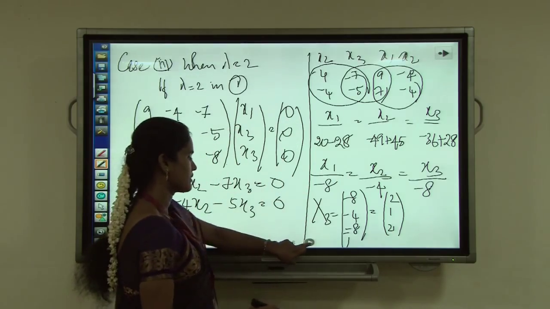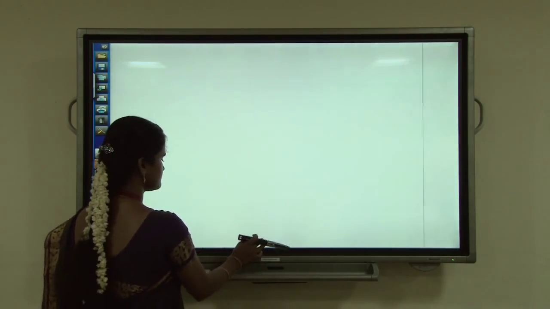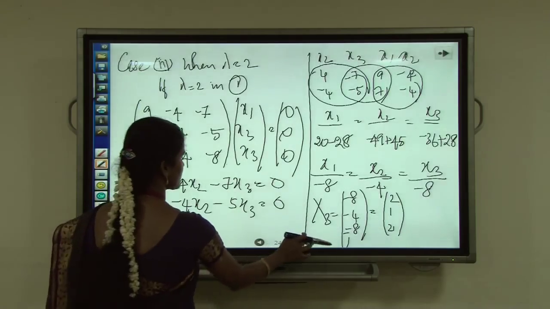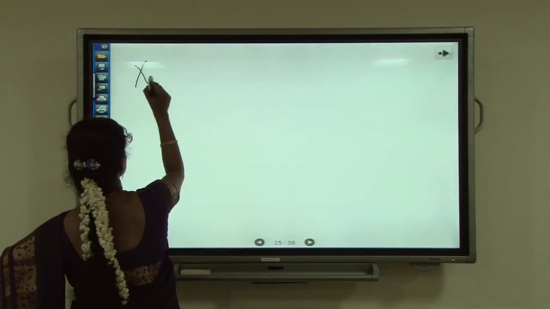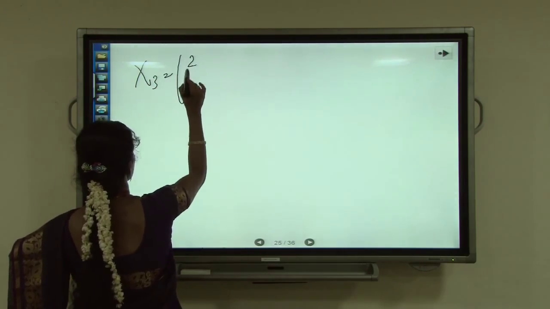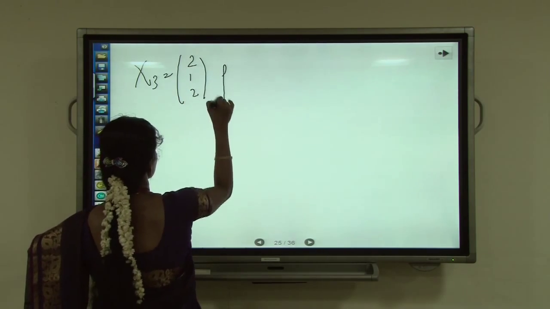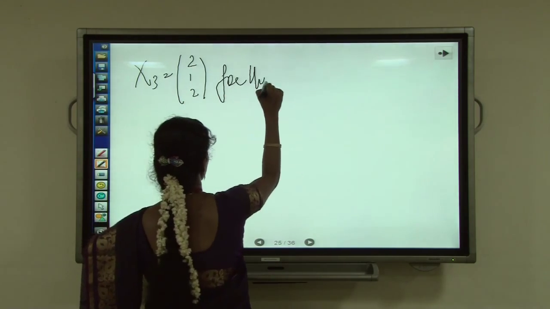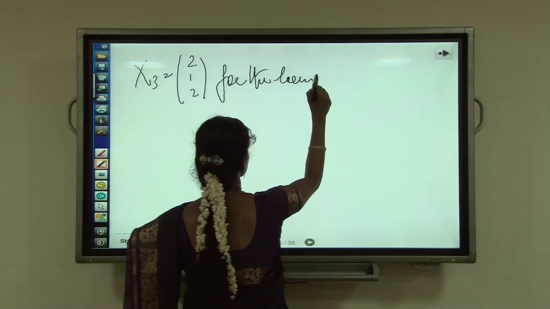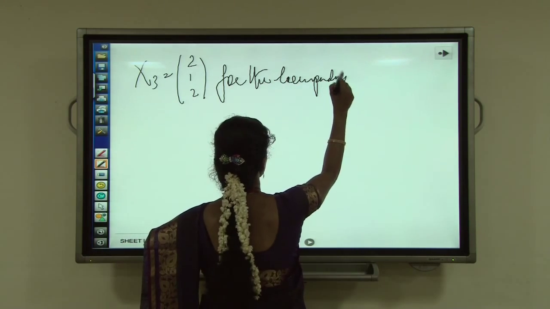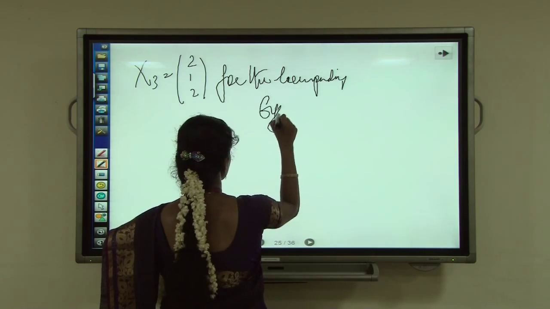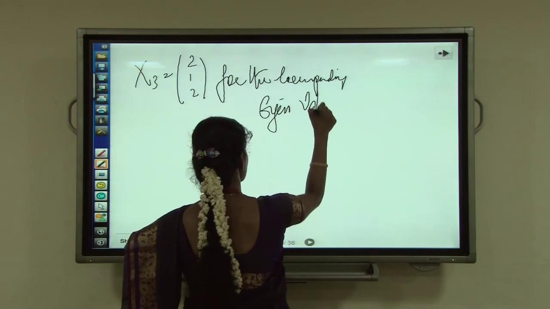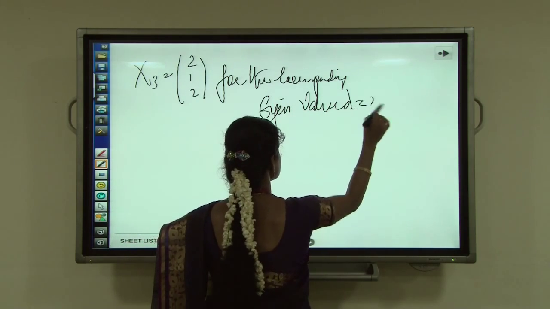So now your capital X3 is 2, 1, 2 for the corresponding eigenvalue lambda is equal to 2.